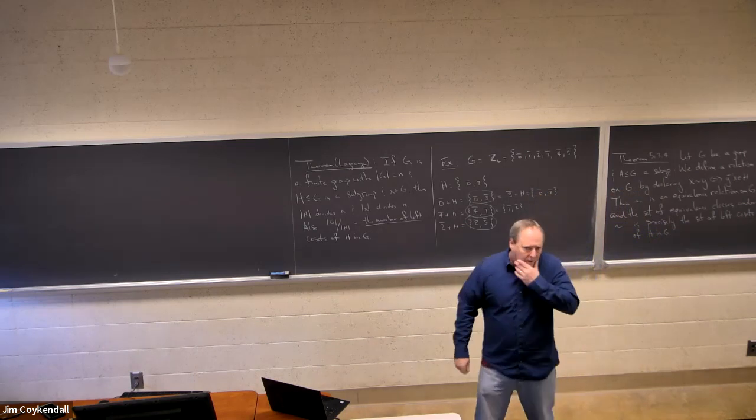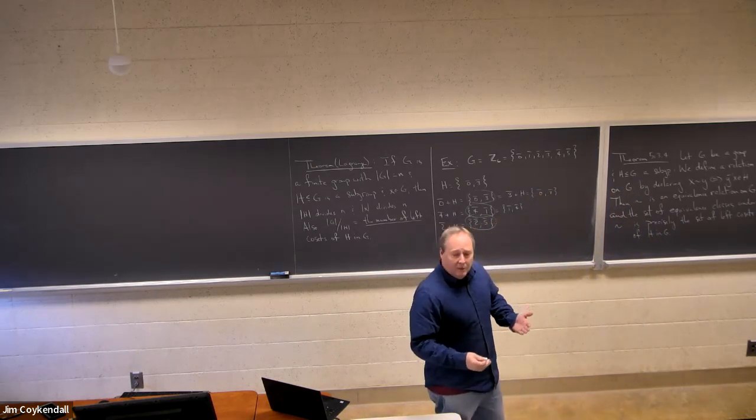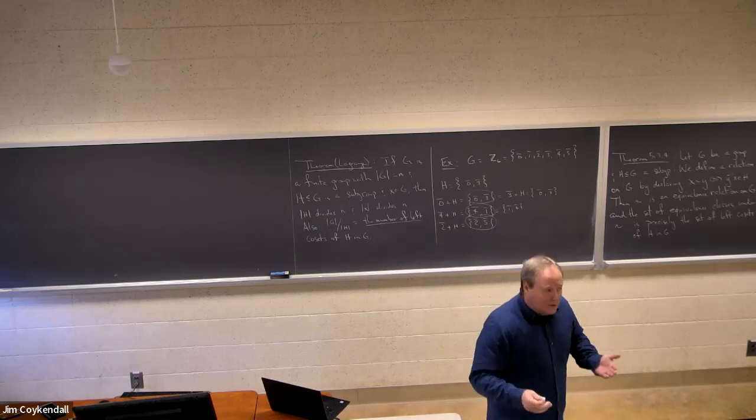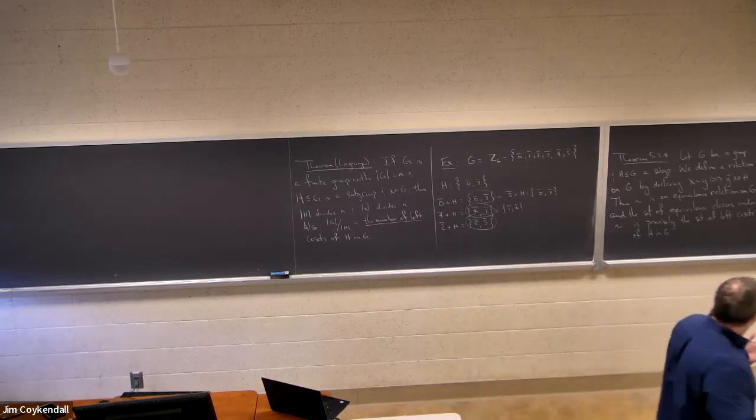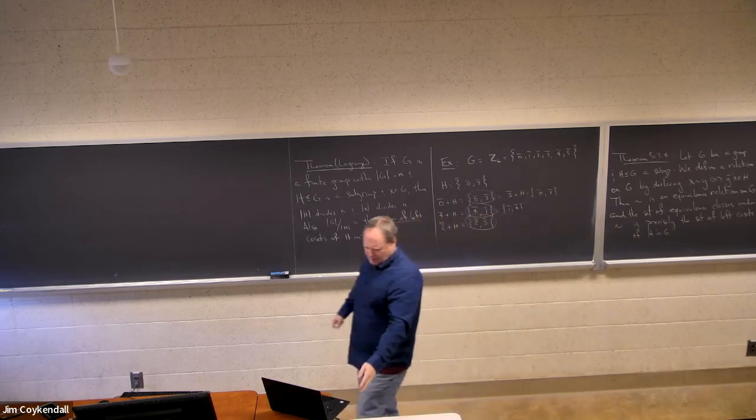This is actually an important observation, and we're going to use this because the big thing we know about equivalence relations is that when you have an equivalence relation on a set, the equivalence classes break it up into the puzzle pieces, the partitions, right? So let's see why this is true. This is kind of an important thing.